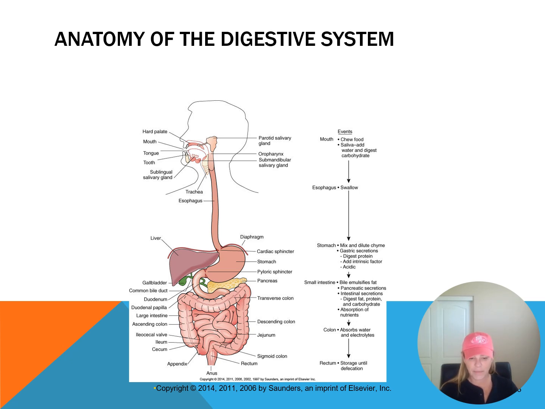There's a little thing called the appendix here, which some of you might have appendicitis. You might have it or might not have it, because it's really not necessary for digestion. So they take it out when it gets inflamed. But there's a lot that goes on with your digestive system. It's a very important part of how we live.